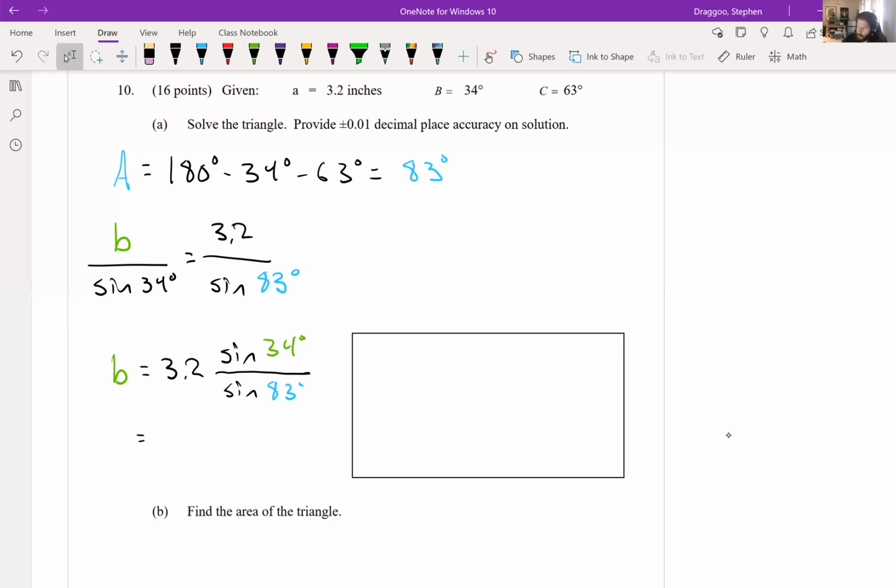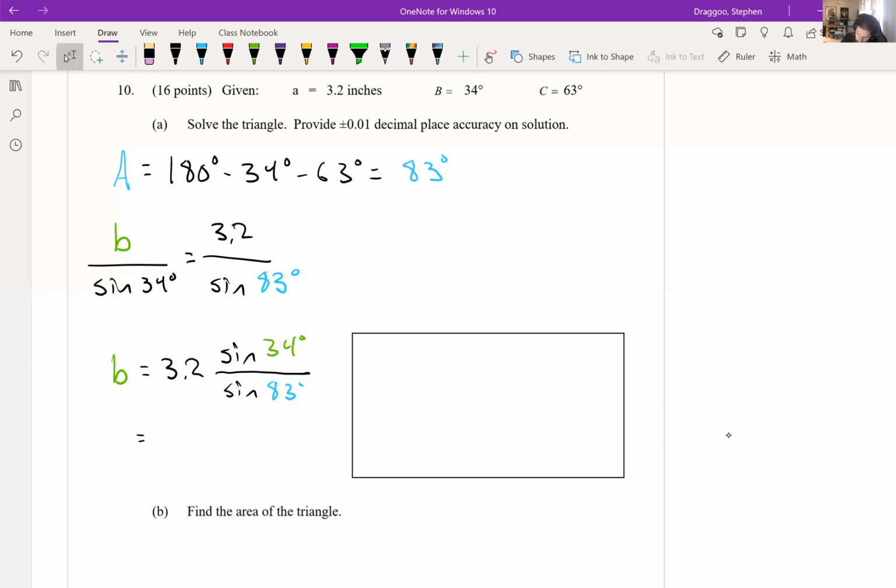Wait, no, I don't want that. I want 3.2 sine over sine. That's not right. Okay, this 83 degrees goes there, and we had 34 degrees goes there.